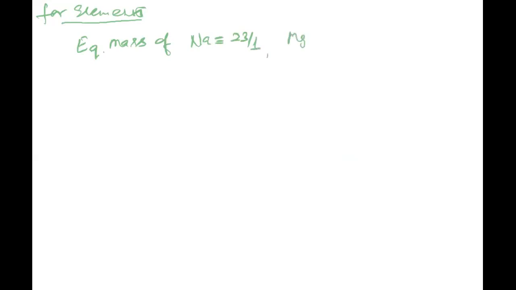For magnesium, it is 24 divided by 2. For aluminum, it is 27 divided by 3. So 27 is the atomic mass divided by aluminum's valency, which is 3. For magnesium, it is 24 divided by 2, where 24 is the atomic mass. For sodium, the atomic mass is 23, divided by 1.